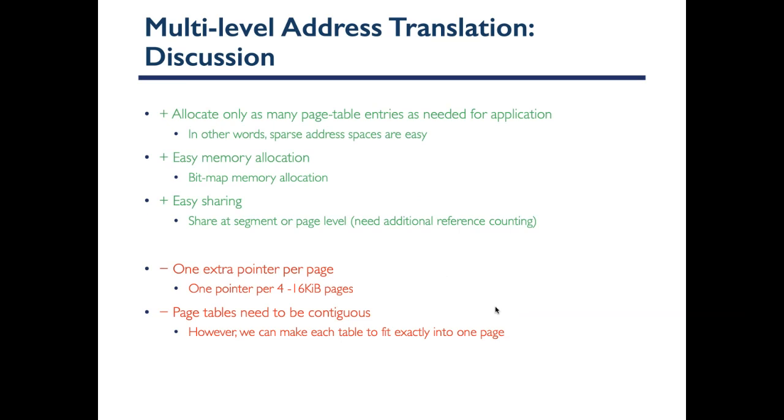You don't want the same page table split between two pages. The last one, which is the important one, is that for each reference, we're going to do multiple memory accesses to get our translation. For instance, in x86 for 64-bit systems, you have 4 levels of indirection, and each one of them requires you to go to memory. So 5 references for one.